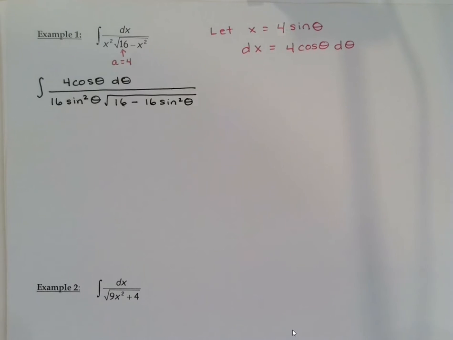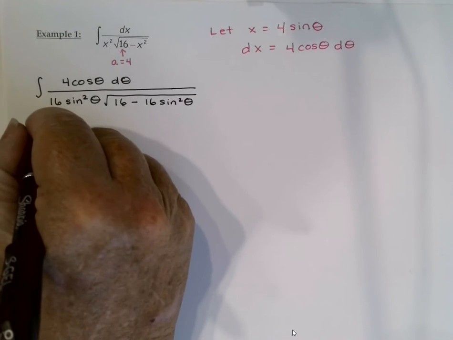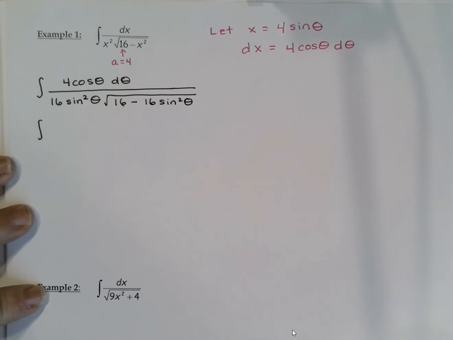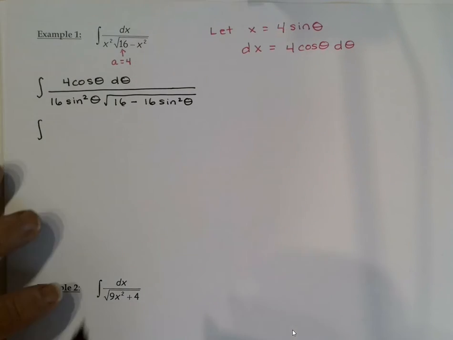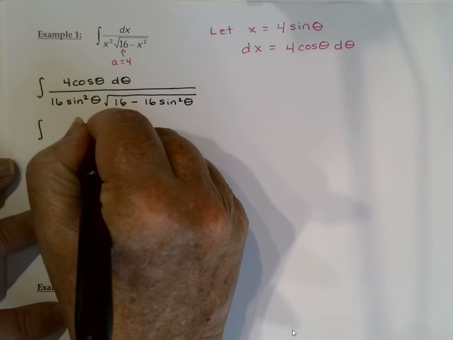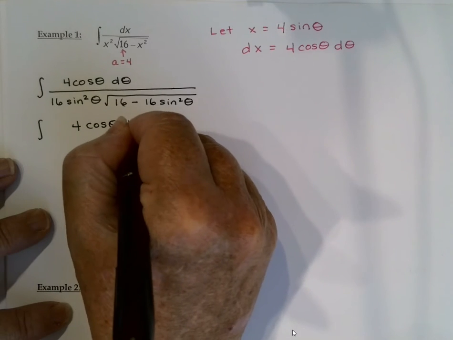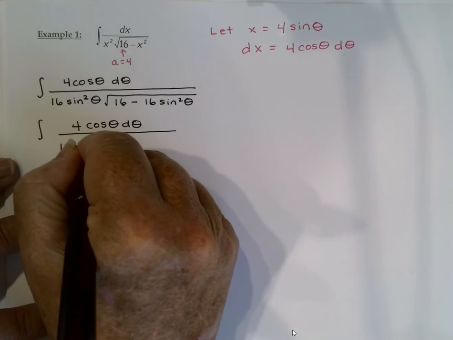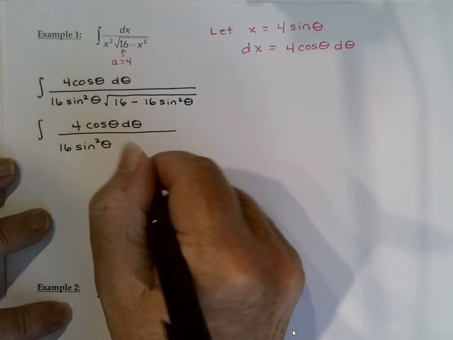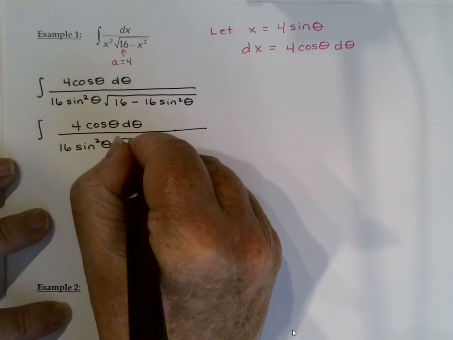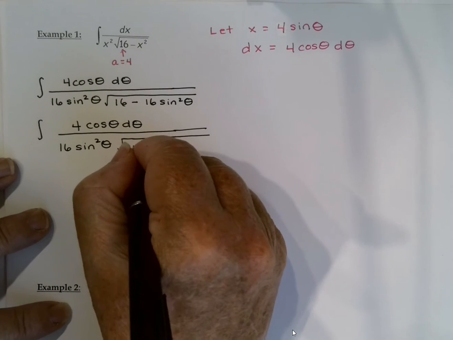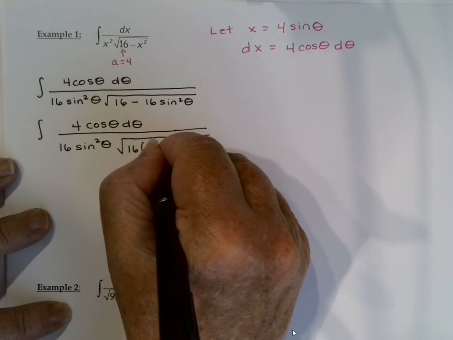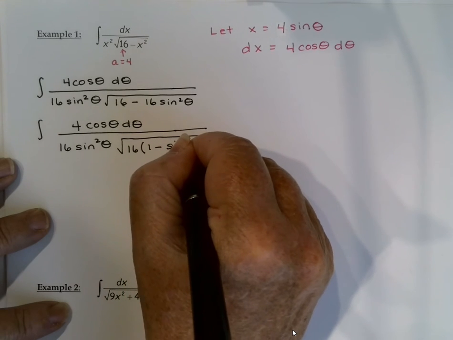All right, next thing we're going to do is a bit of algebra and trig to simplify our integral. I know it kind of looks like we made it worse, but with a little bit of algebra and trig, I think we can see that it's actually better for us now. Not much I can do in the numerator, so I'll just recopy that. But under that radical, if I factor out the 16, I'll have 1 minus sine squared theta.